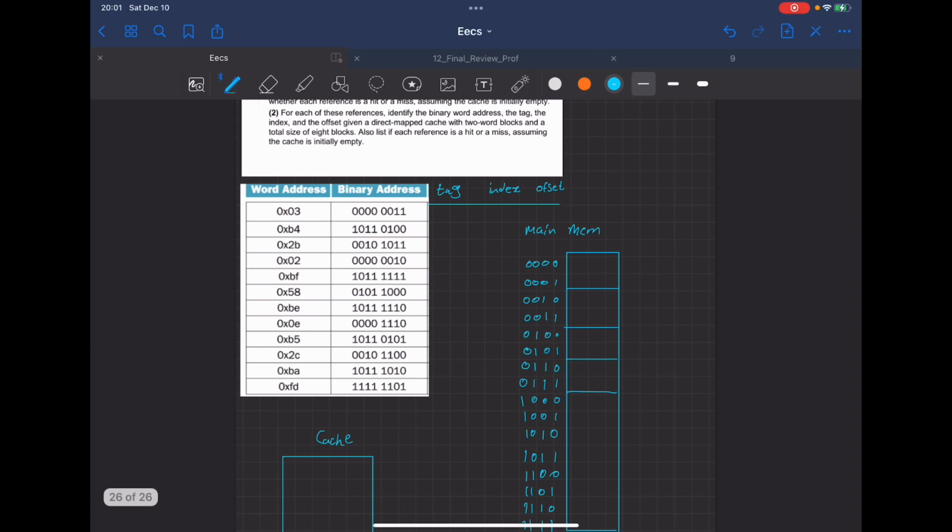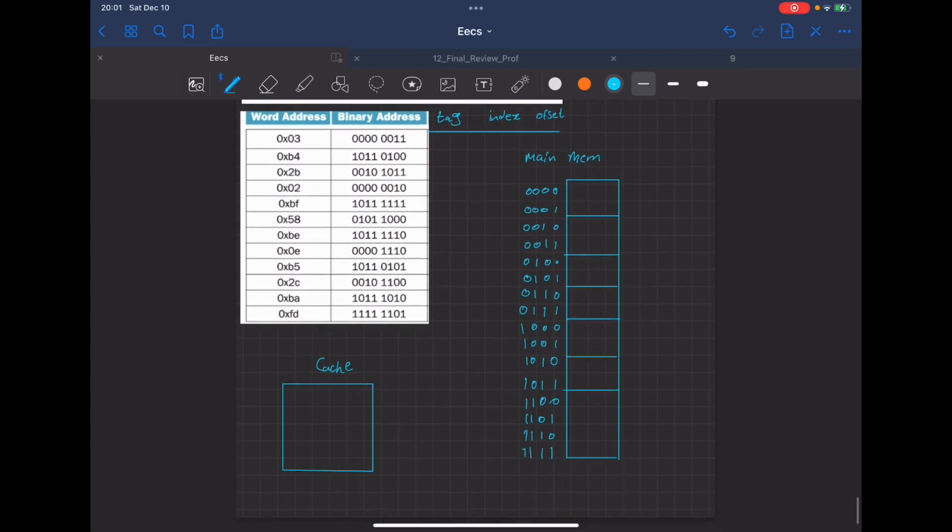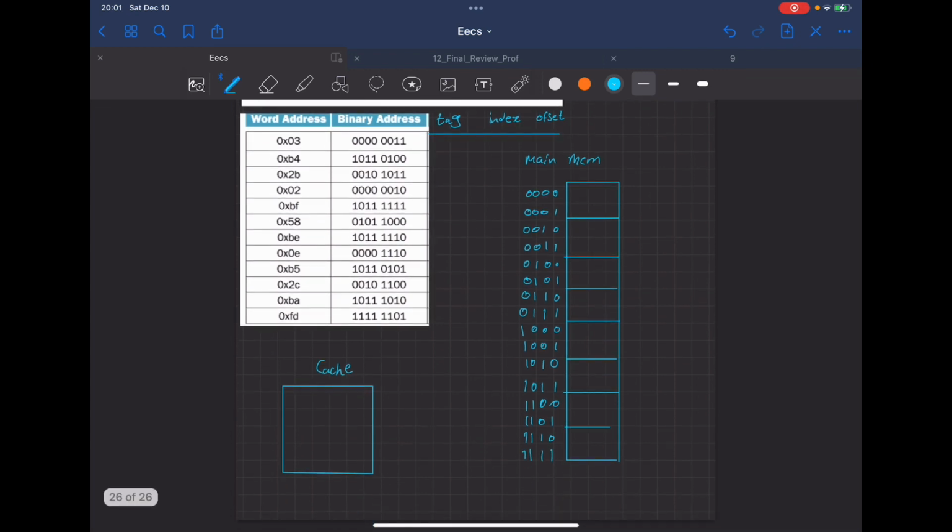So since there's 2 per block, like such, we're gonna have block 1, block 2, block 3, block 4, block 5, block 6, block 7, and block 8.